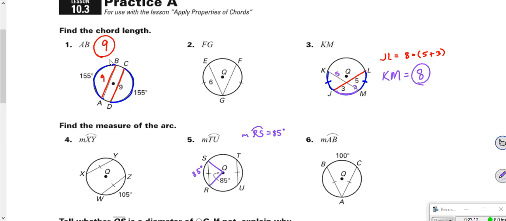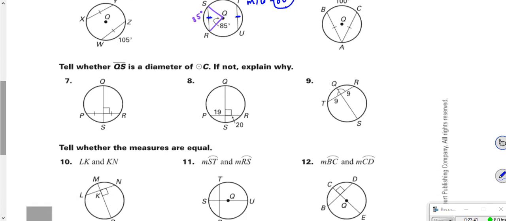Well, the other thing we know here is that if this chord is congruent to this chord, then remember if the chords are congruent, the arc measures are congruent. So measure of arc TU is also 85. Okay, hope that makes sense. Moving right along.